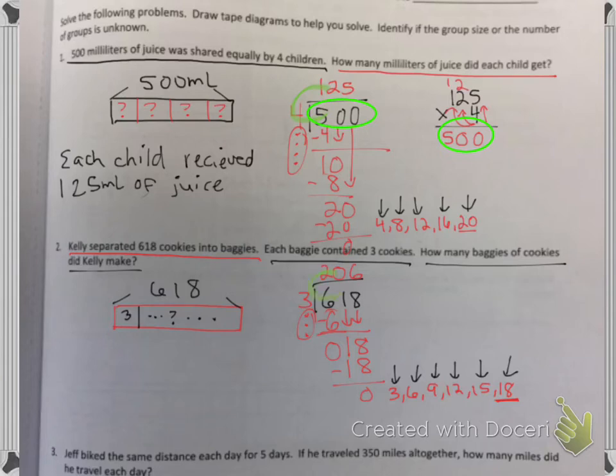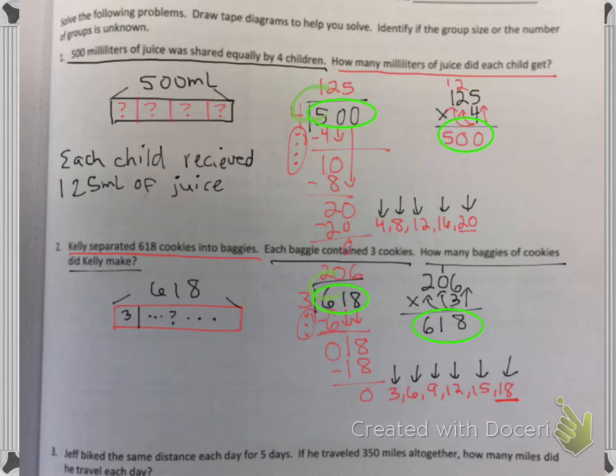Let's check our answer and see if we're correct. 206 times 3. 3 times 6 is 18. Bundle. 3 times 0 is 0, plus the bundle is 1. And then 3 times 2 is 6. All right. Boom, 618 and 618. So 206 is accurate.